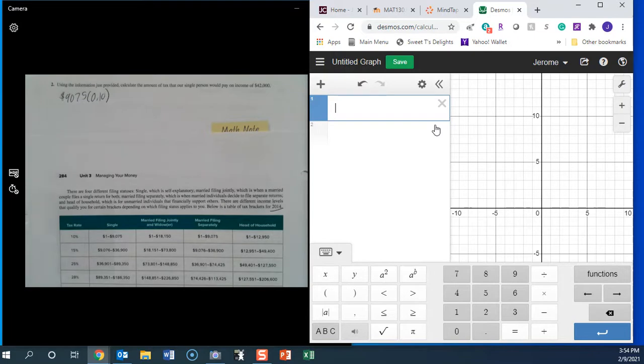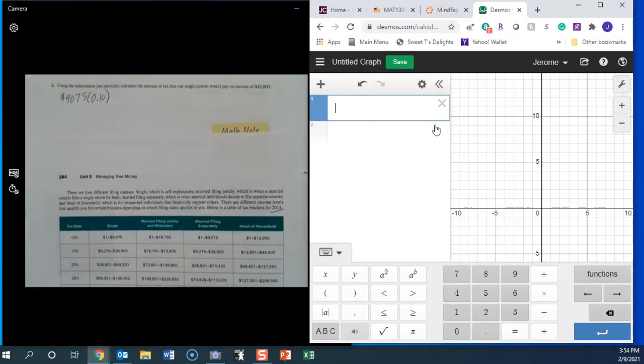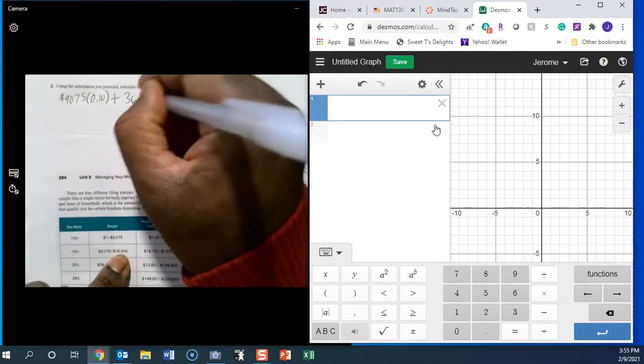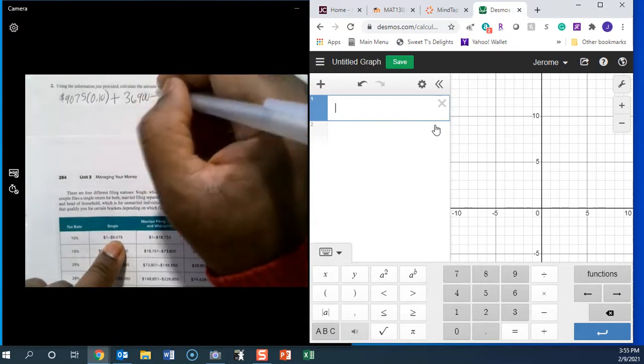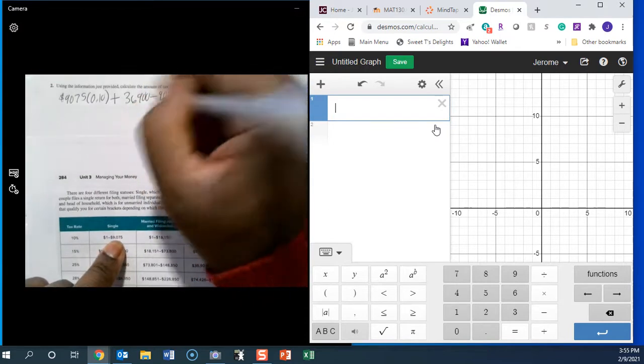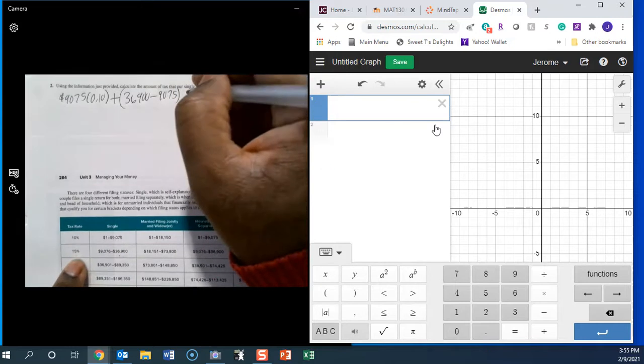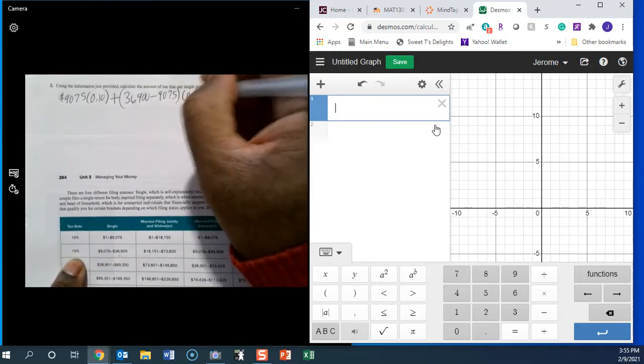Now the next thing, we have our 15% here. But if you notice, this only goes up to 36,900. So we're going to take the largest number here. Now listen, when I say take the largest number here, when your number does not fit, this is what you would do with the second portion. You're going to add, but what you're going to do is take this largest number here and subtract it from the larger number here, and then multiply it by the percent where it's at.